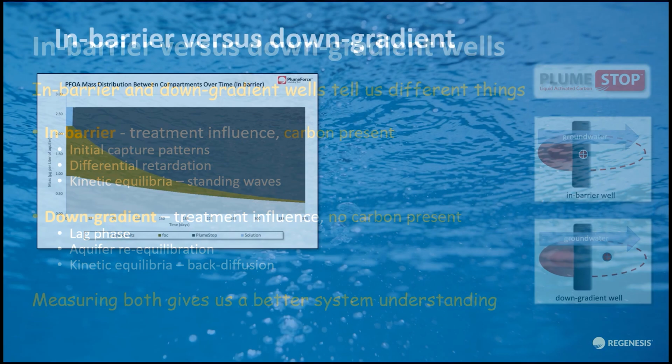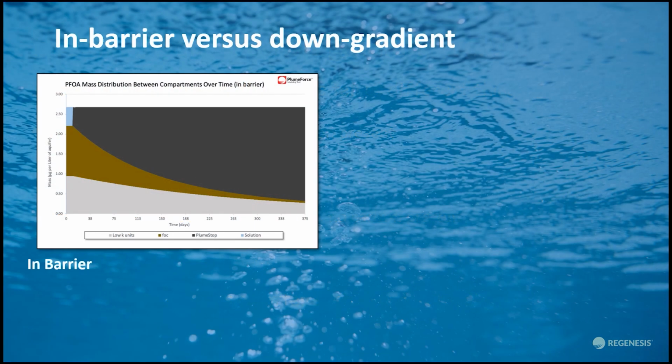This is one of the block diagrams generated by PlumeForce that we explored in the last webinar. We're looking at mass on the vertical axis, micrograms per litre of aquifer, and time on the horizontal axis. In this case, the total PFOA mass in the zone we're looking at does not change at all.